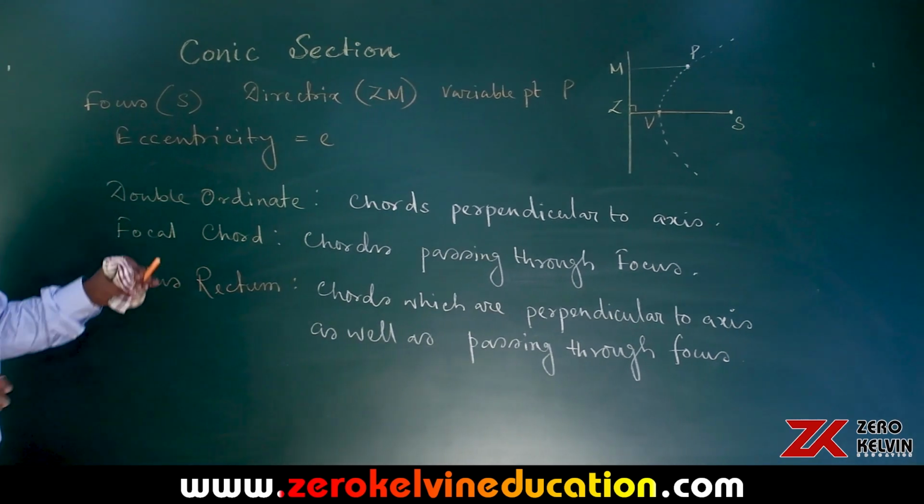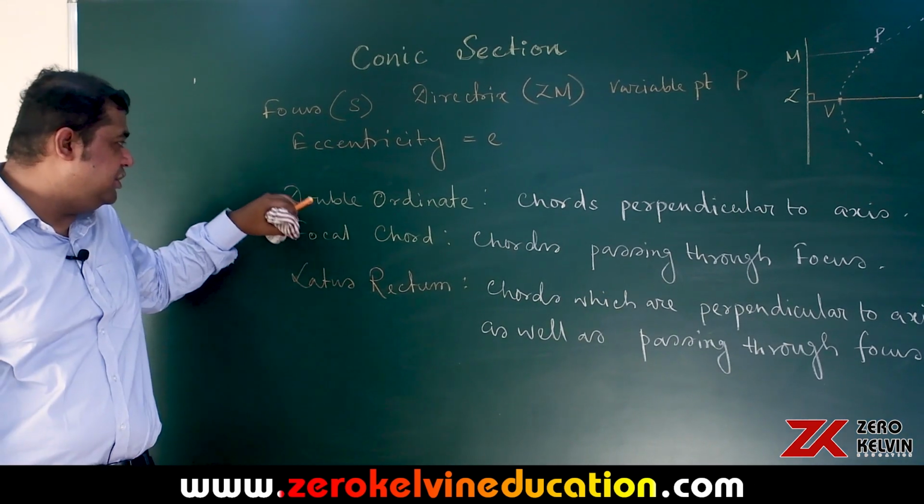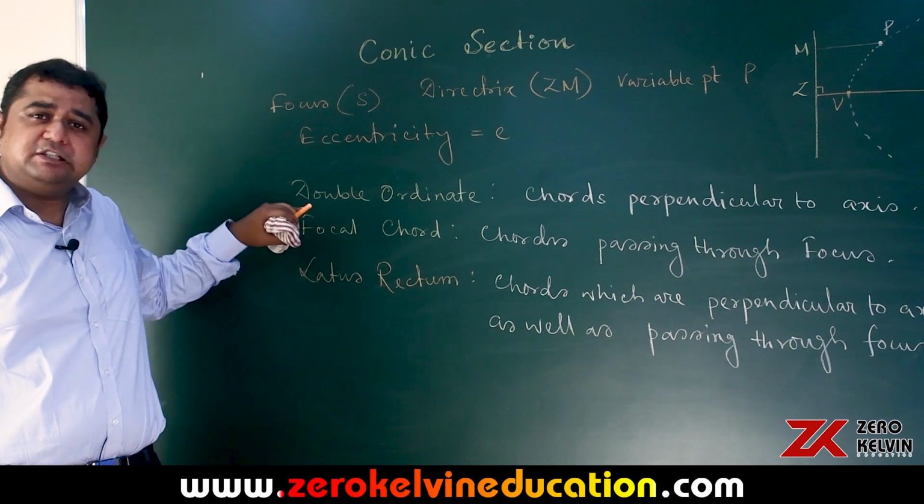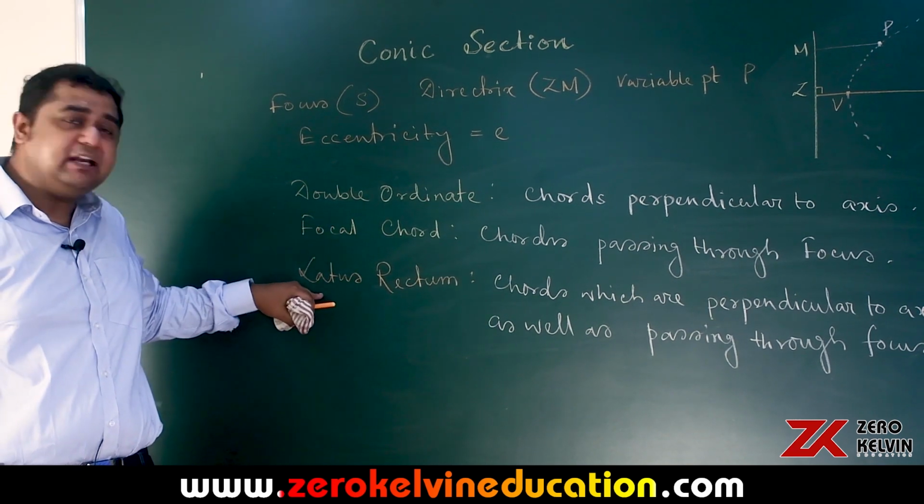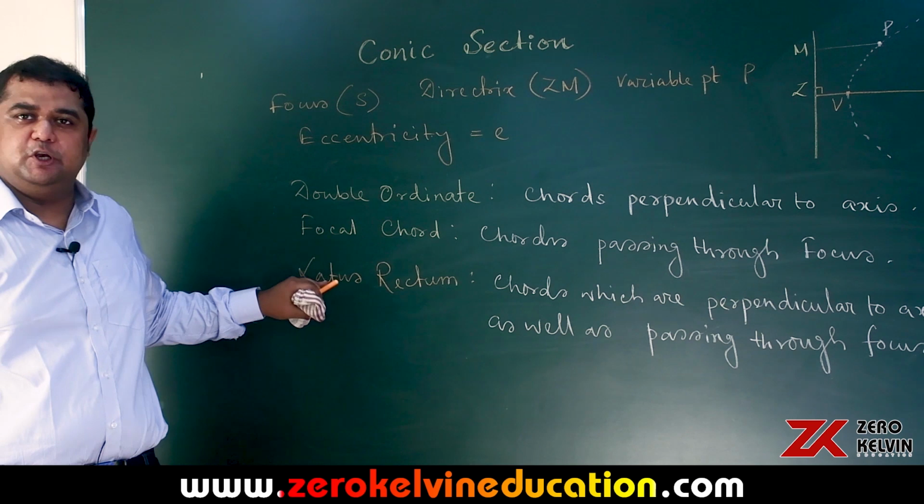So, if any chord satisfies the condition of double ordinate and focal chord simultaneously, then that type of chord will be marked as latus rectum.